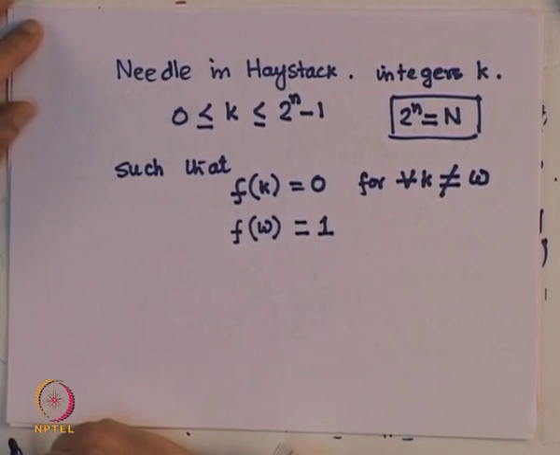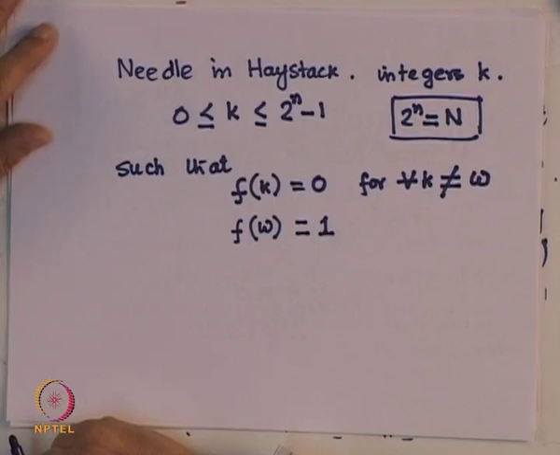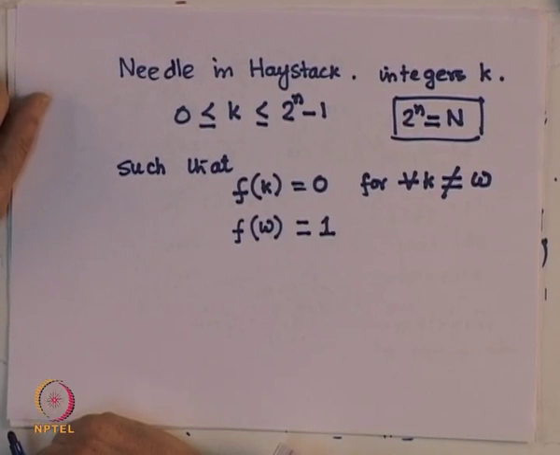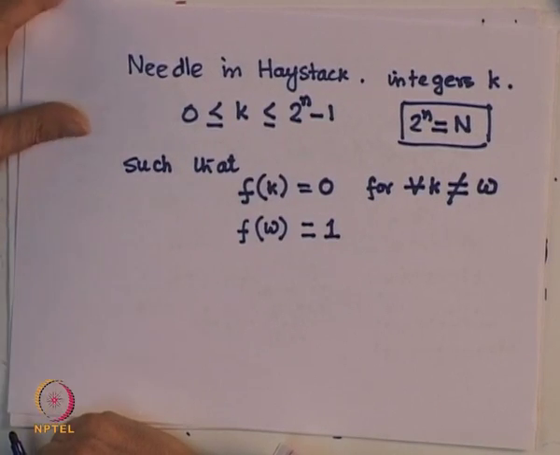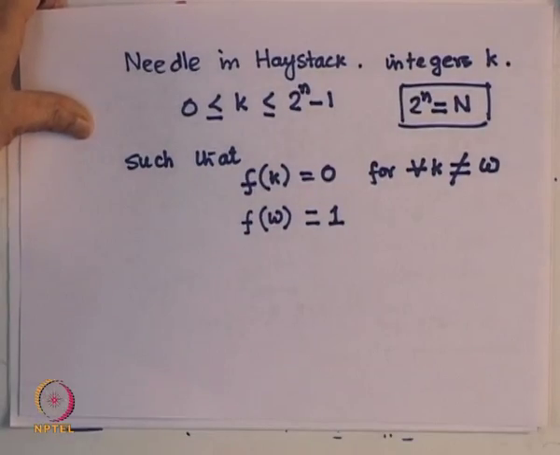Our problem is that, given a large number of k, which is capital N number of k's, and an oracle which can calculate f of k at every stage, how do I find out what is this string w for which f of w happens to be equal to 1 while all others evaluate to 0?